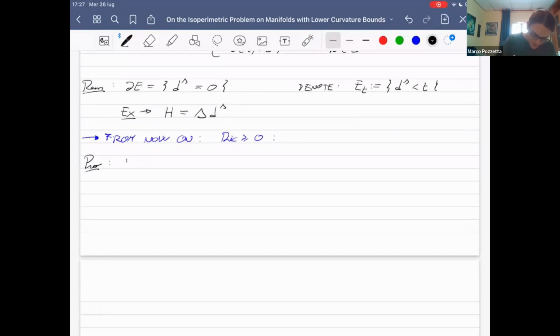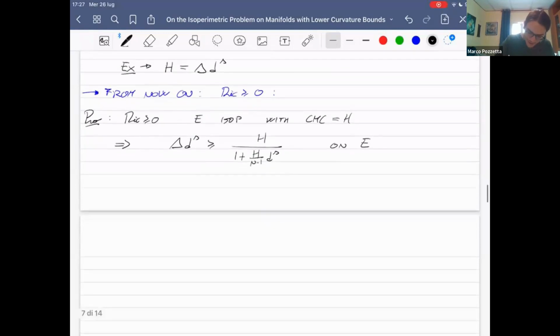It tells me the following: if Ricci is non-negative and E is my isoperimetric set, smooth as above, with constant mean curvature equal to the number H, then I can tell you that the Laplacian of d_s is greater or equal than the function H over 1 plus H d_s over n minus 1 on E, while the Laplacian of the distance function is less than the same function, H over 1 plus H d_s over n minus 1, on the complement, M minus the closure of E, in the sense of distributions.